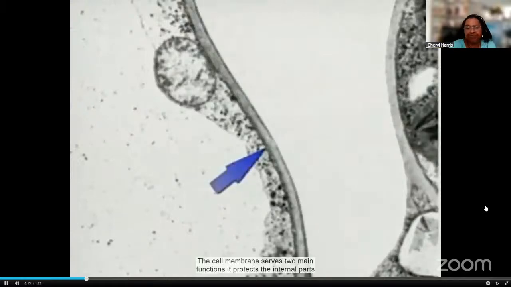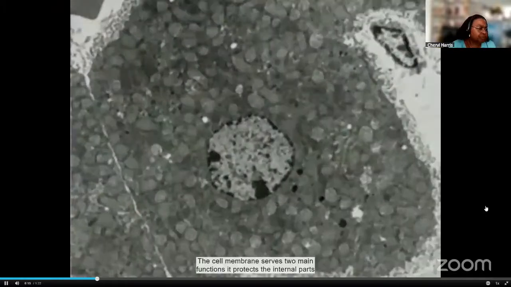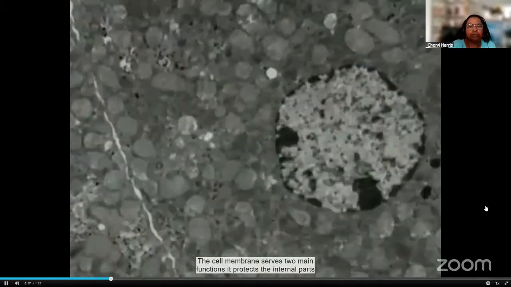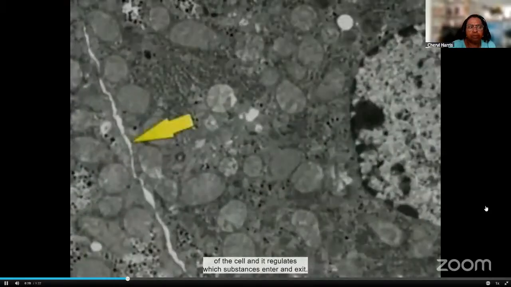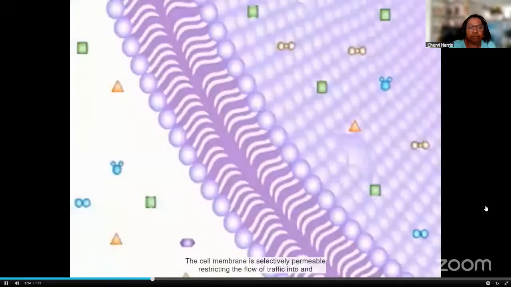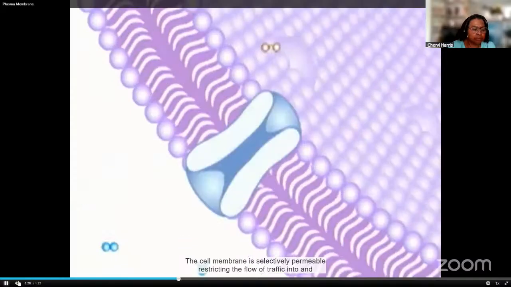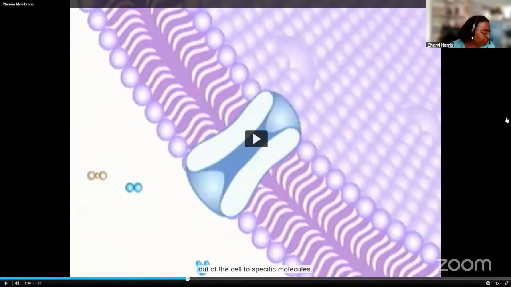The cell membrane serves 2 main functions. It protects the internal parts of the cell, and it regulates which substances enter and exit. The cell membrane is selectively permeable, restricting the flow of traffic into and out of the cell. So that's a vocabulary word, and again, the vocabulary list is going to be really important.